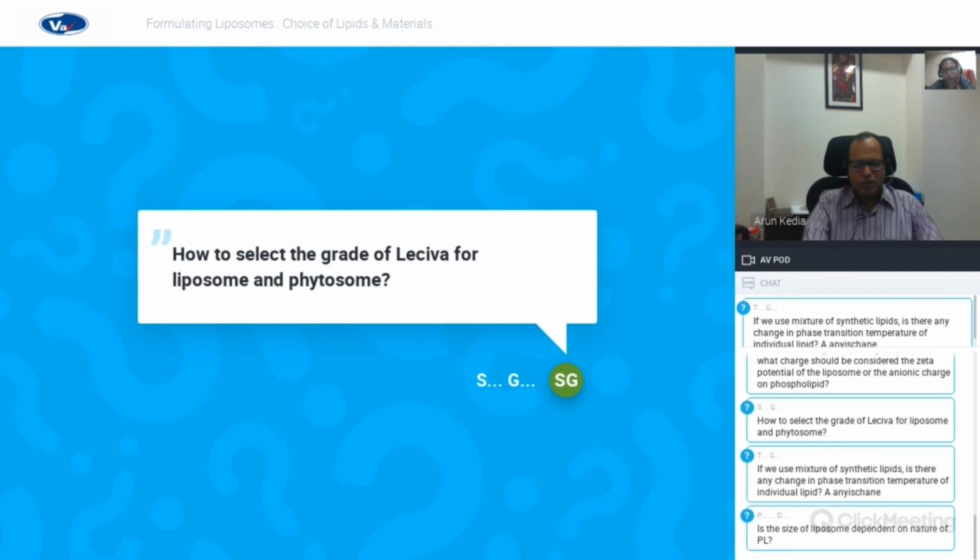So if it's a phytosome, you must look at natural versus synthetics. Within natural, the choice is plant origin compared to animal origin like egg. Within plant origin, you have the choice of soya bean and sunflower. If you can accept soya bean, that's the first choice. But there are always concerns within the nutrition space for the GM non-GM question.